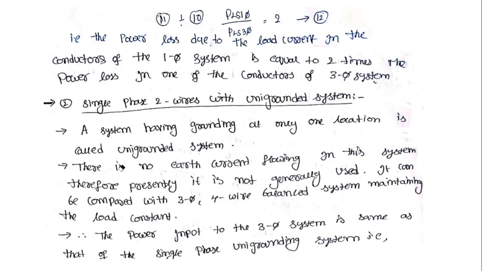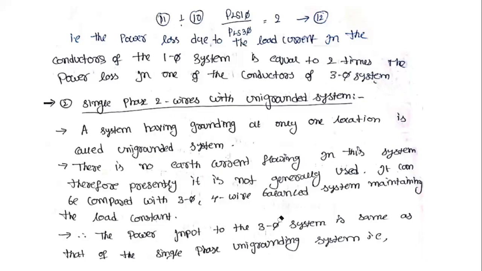But it can be compared with a 3-phase 4-wire balanced system maintaining the load constant. Therefore, the power input to the 3-phase system is the same as that of a single phase underground system.